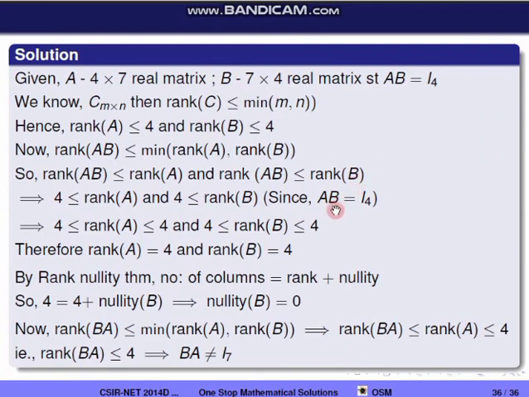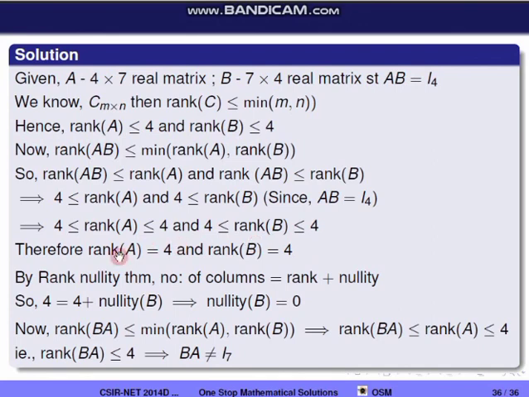Since AB is equal to identity matrix of order 4, we get rank of AB to be 4. This implies 4 less than or equal to rank of A and 4 less than or equal to rank of B. And using these two equations, we'll get 4 less than or equal to rank of A less than or equal to 4 and 4 less than or equal to rank of B less than or equal to 4.